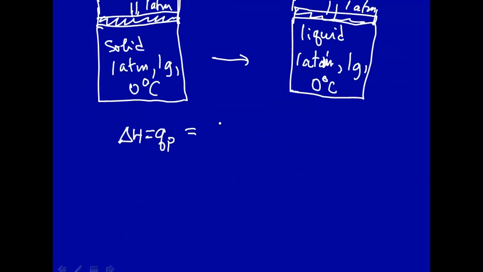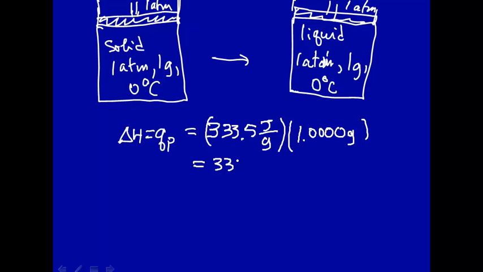Oh, look, we have 1 gram, so we can just work it out: 333.5 joules per gram, and we have 1 gram, so 333.5 joules. So that's the enthalpy change. That was a constant pressure process. To melt 1 gram of ice, we need 333.5 joules. It's positive because we've got to put in Q in order to melt the ice.